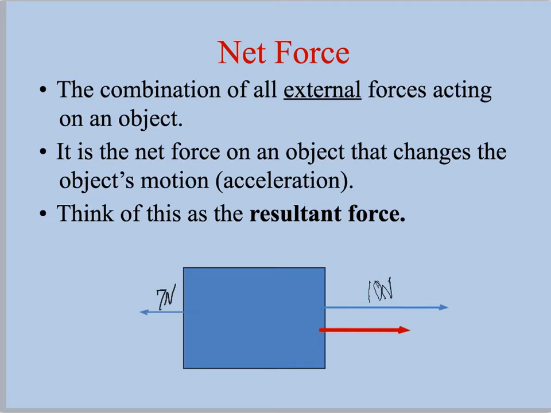The forces are in opposite directions, and we know if they're in opposite directions that their signs are going to be different. So if I wanted to know the net force here, I could say the 10 newtons that I'm pushing to the right minus the 7 newtons that friction's going against me with. So my overall net force would be 3 newtons.